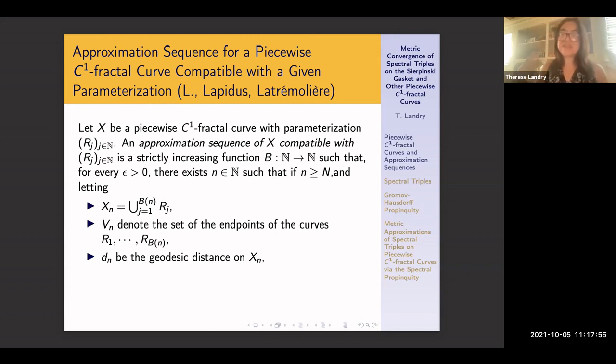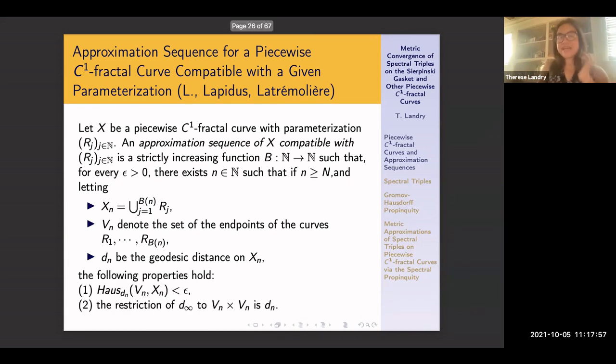Furthermore, we added some other properties. That includes that such a function defines the sequence of subsets of the piecewise C1 fractal curve. What we needed was for it to be dense, or distributed throughout the larger limiting space in a particular way.